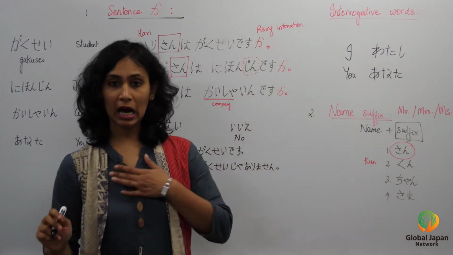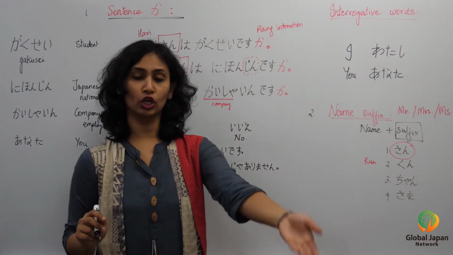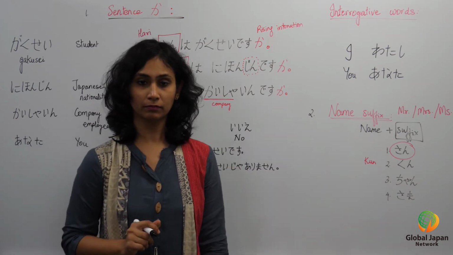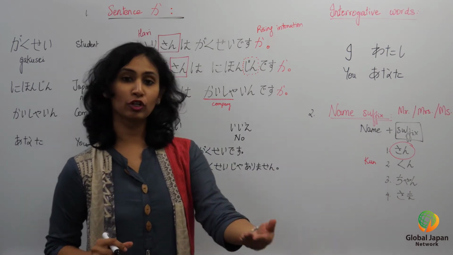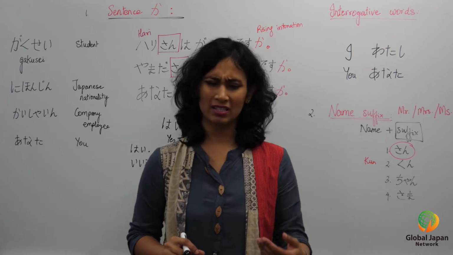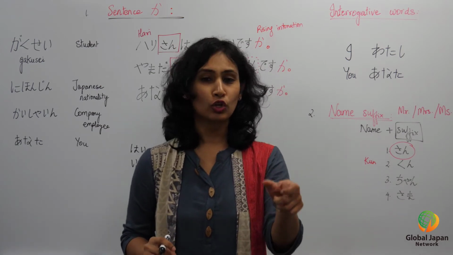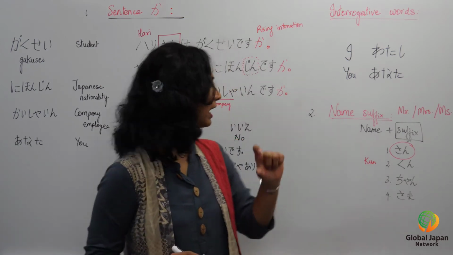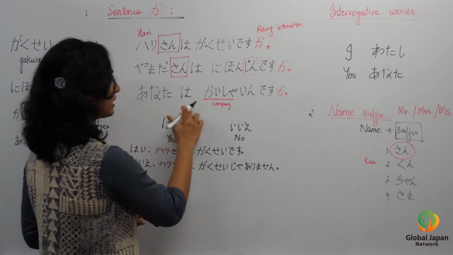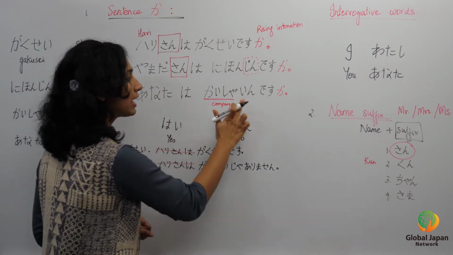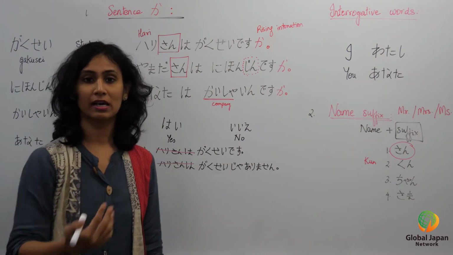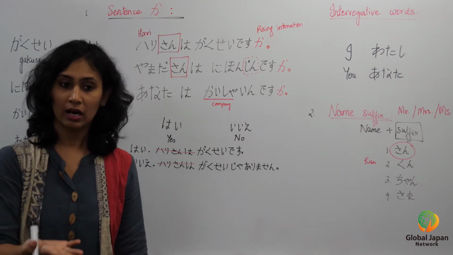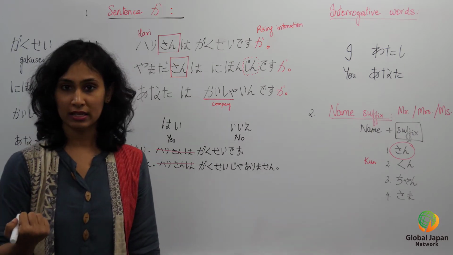I is watashi, you is anata. If I have to talk to the other person, if I have to tell you anata, for example, anata wa kaishain desu ka? I want to ask the other person, are you a company employee? Anata wa kaishain desu ka?